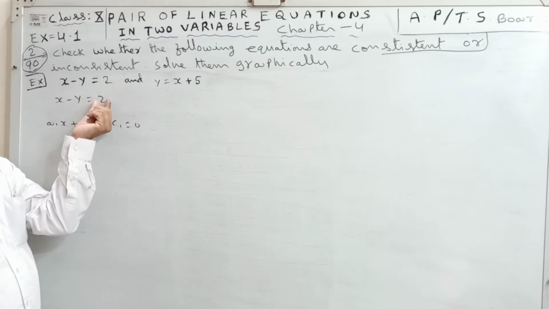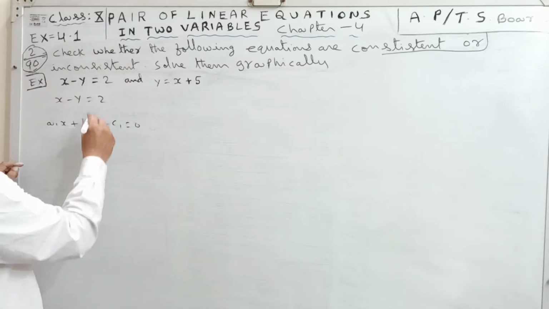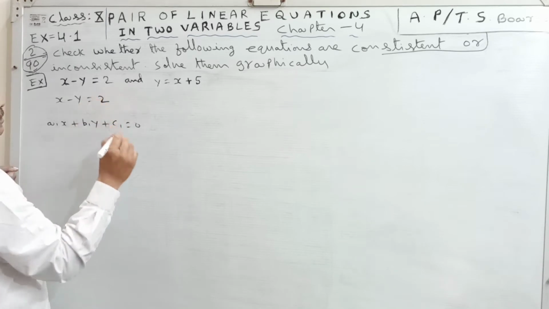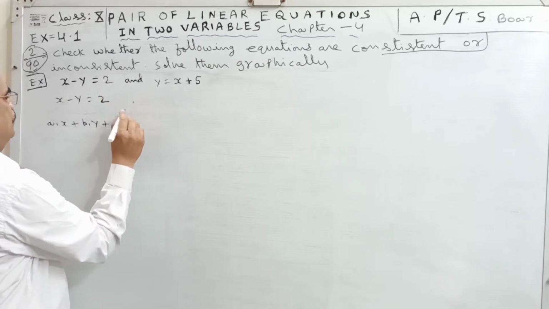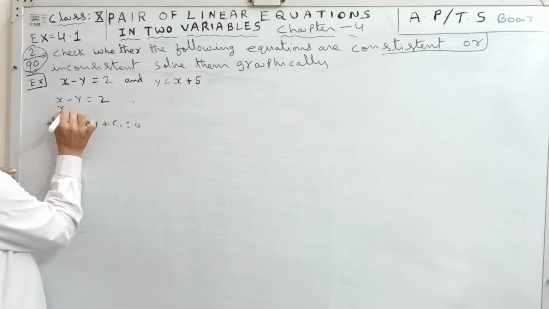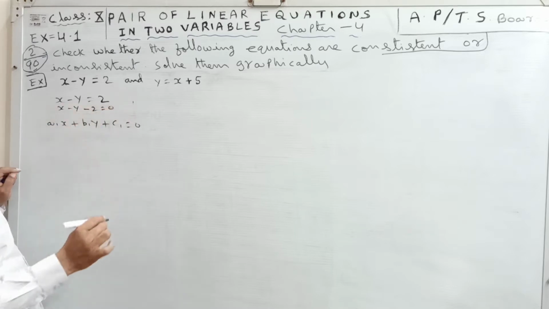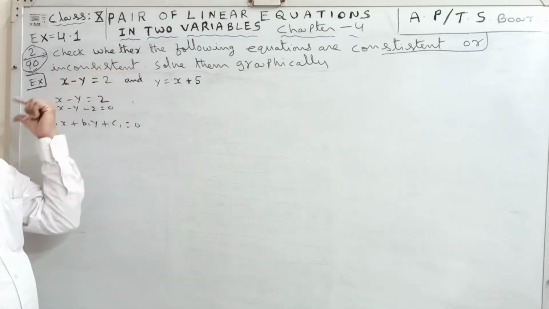So we have to change this 2 to the left side. So x minus y minus 2 is equal to 0. So this 2 is coming to the left side.